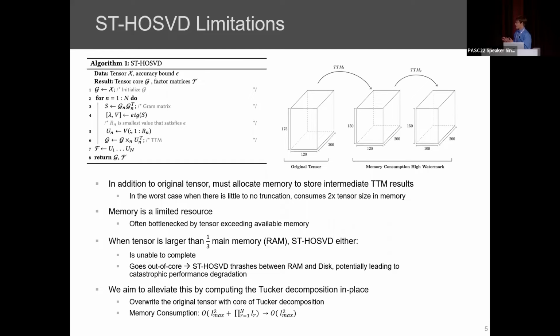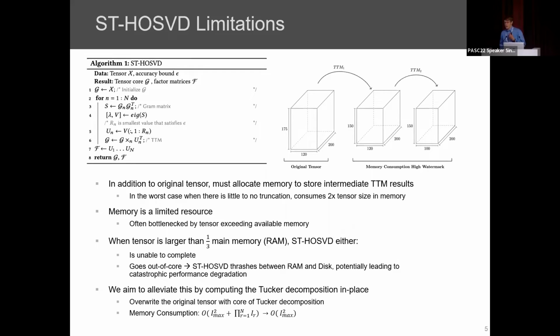We have to maintain these two partial cores in memory. In the worst case, when we get little to no truncation along the dimensions, as you see in this case, where we only went from 175 to 150, and here only from 120 to 100, just as an example, we can consume up to 2x the tensor size of memory just to compute the decomposition.